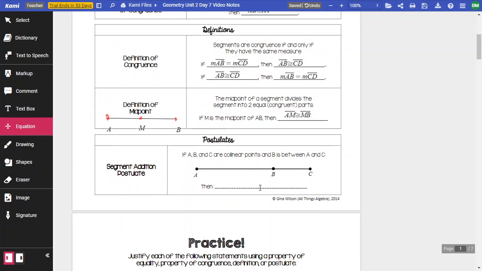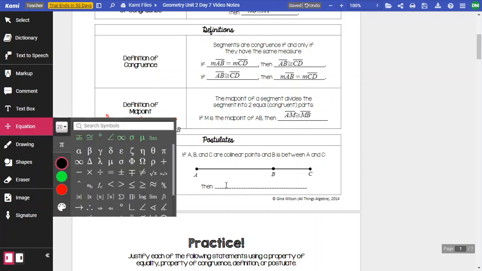Okay, and then finally, last one here, we do have a postulate that we've seen before, the segment addition postulate, and we're just going to put this in terms here because this is a reason that we're going to use in proofs, but this is one with the equal sign.